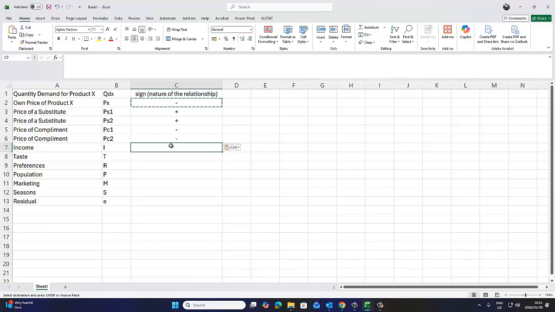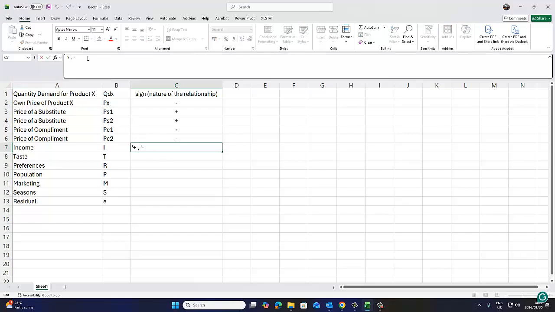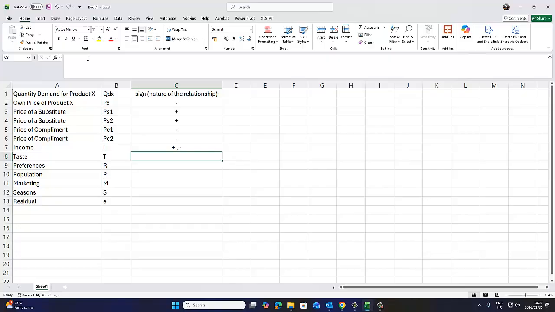Income. Now this is interesting. It can be either positive or negative, depending on whether it is a normal good, inferior good, or luxury good.